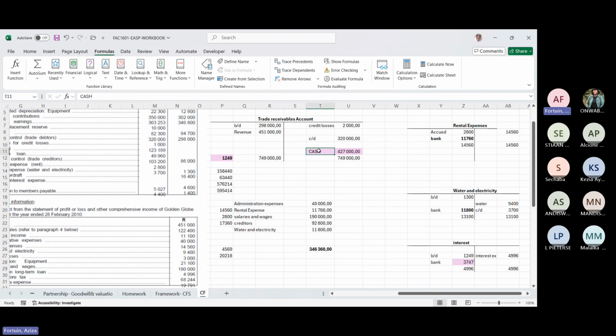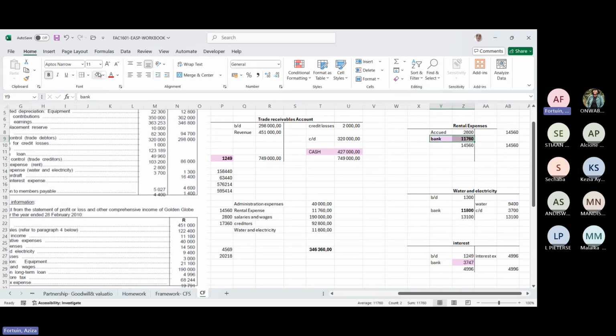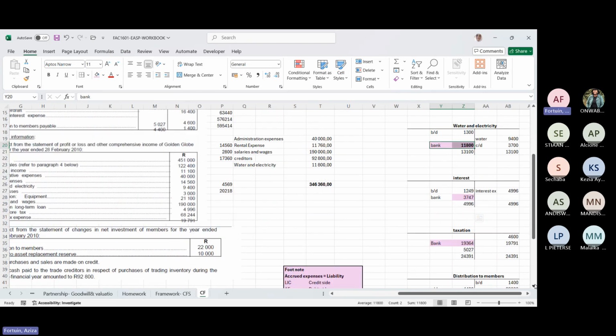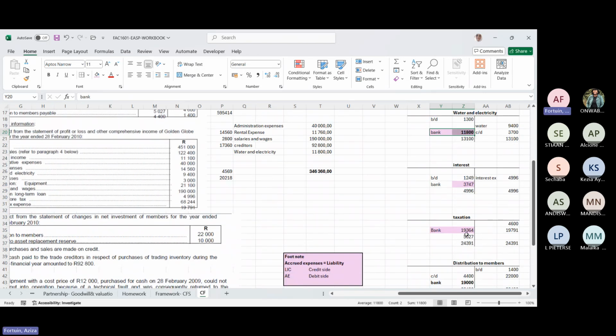He's not seeing that here's cash that was collected from customers. He's not recognizing the bank expense in the rent, what was paid, because he's not taking the accruals into account. He's missing the point here with certain things. In his taxation account, he missed it because he didn't put the opening and closing balances.